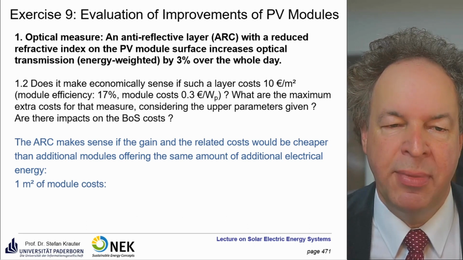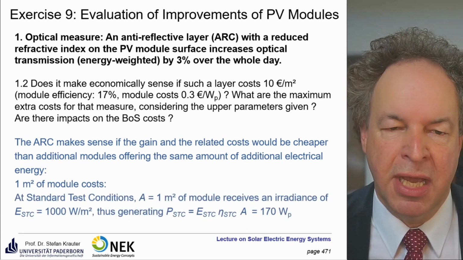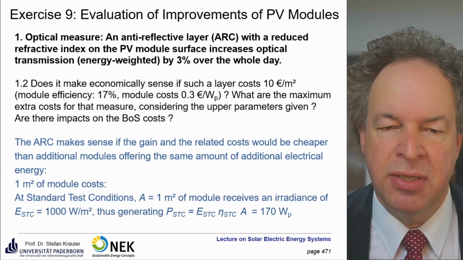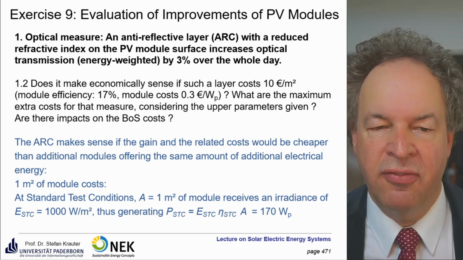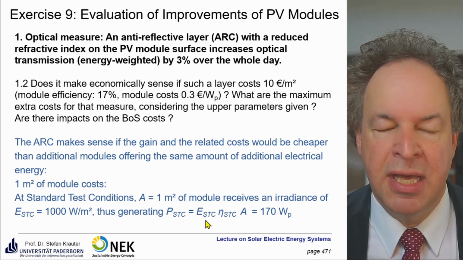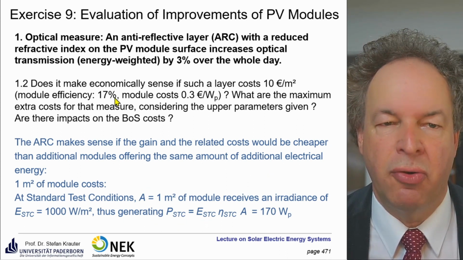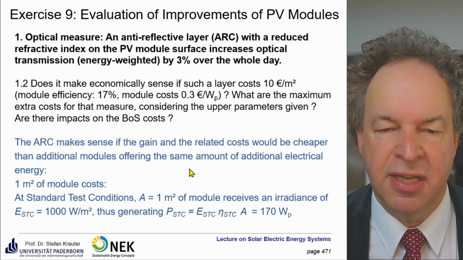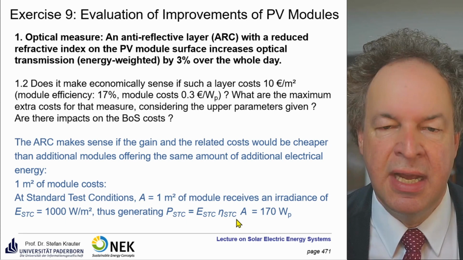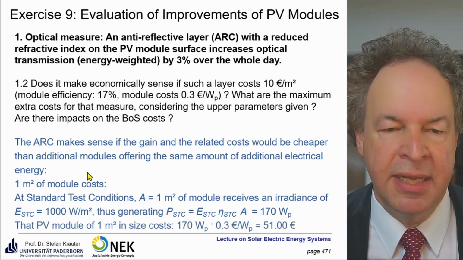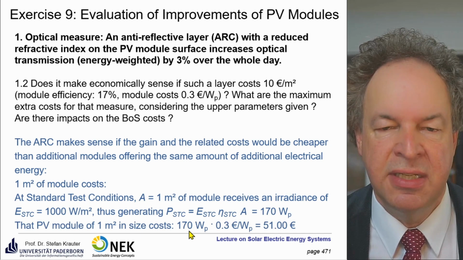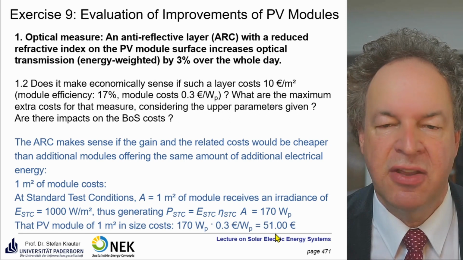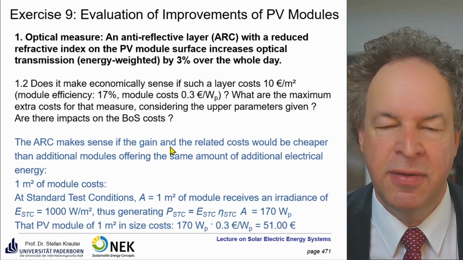So we can calculate that we have an area of 1 square meter, and it receives, in standard test conditions, because also the power is related to standard test conditions, 1000 watt per square meter irradiance, and also the module efficiency, which is usually given under standard test conditions, 17%, and the area is 1 square meter. And then we have 170 watts and costs of 30 cents per watt peak. That is 51 euro for 1 square meter of PV module.